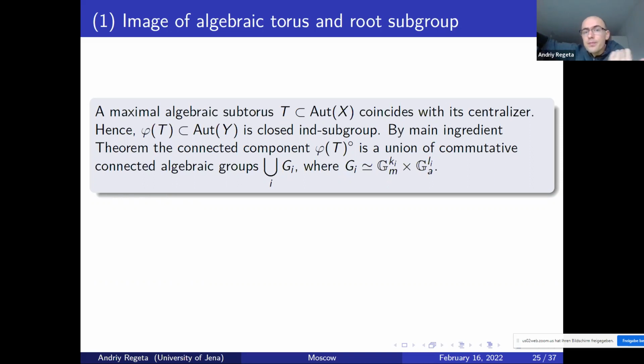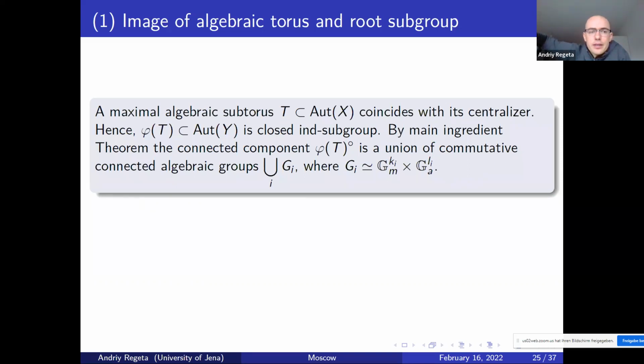Therefore, T coincides with its centralizer. Hence, the image of T again coincides with its centralizer inside of Aut Y. And if some subgroup coincides with its centralizer, then this is a closed subgroup. This is not difficult to show.